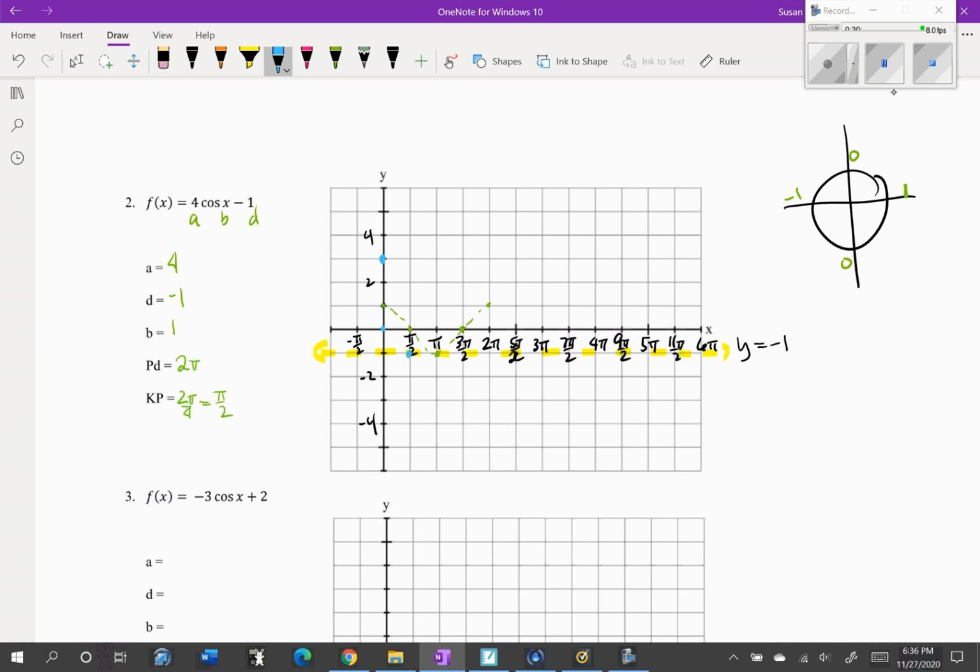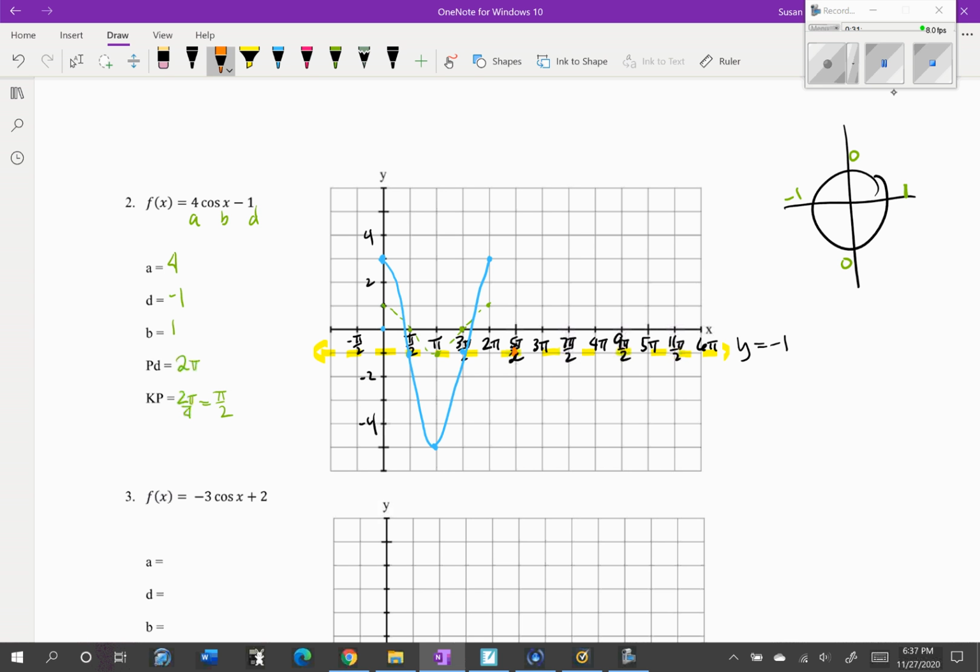This one was 1 below the midline, so that means from the midline we're going to go down 1, 2, 3, 4, back to the midline, and up 1, 2, 3, 4 from the midline. So our graph moved down 1, and then we changed our amplitude to 4. So you should be able to count up 1, 2, 3, 4, and down 1, 2, 3, 4 from your midline. So that's one cycle.